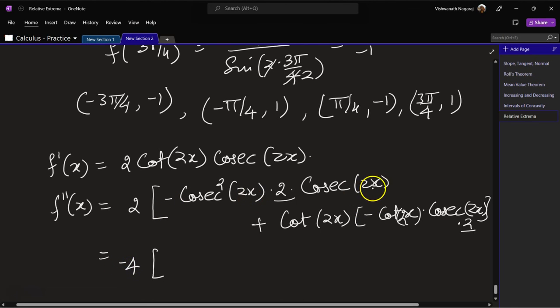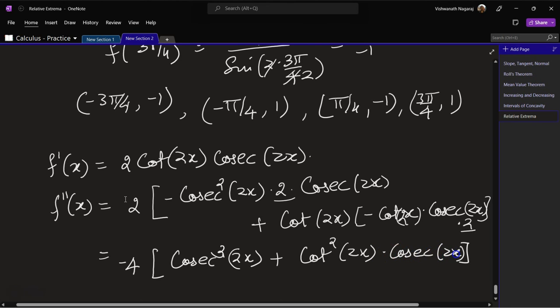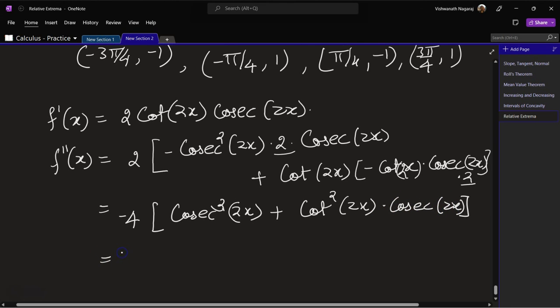Cosec square 2x, cosec 2x. So this becomes cosec cube 2x. Plus, we have cot 2x, cot 2x. So cot square 2x, and this is cosec 2x. Okay. Now let's convert this into cos and sine.